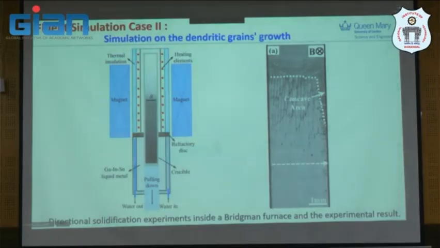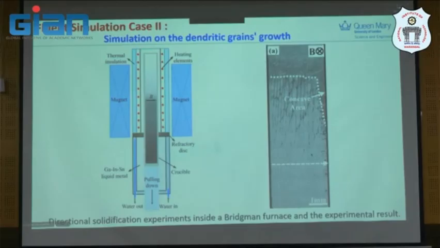Here is a schematic description of directional solidification. During the solidification, the external magnetic field affects the microstructure by influencing the flow, heat transfer, and solute transport process.